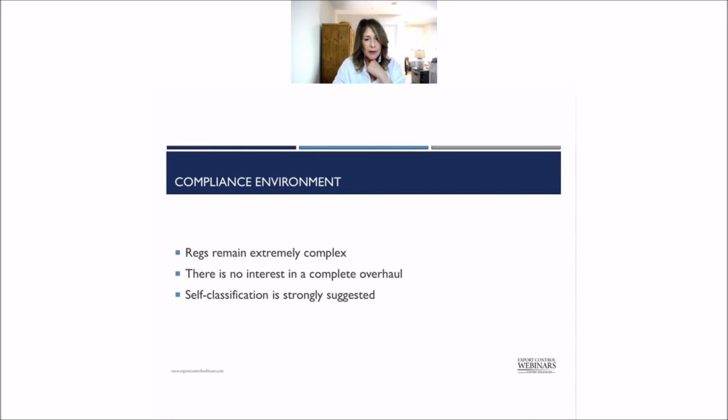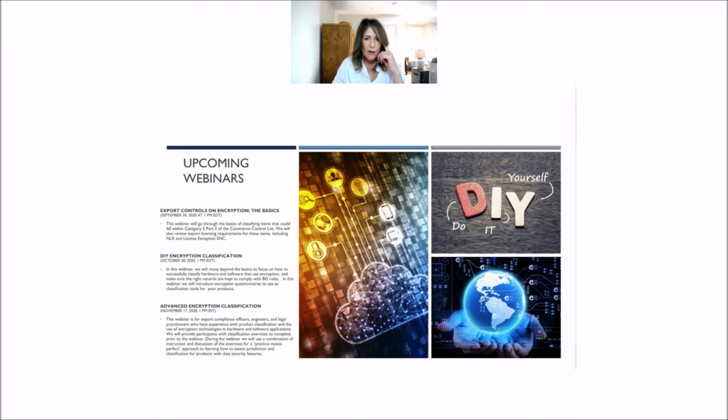All right, so we've run into our time here. I did want to just briefly go over the 3 upcoming webinars that we have. The basics webinar will be at the end of this month on September 30th. So that webinar will feature all of the nuts and bolts.